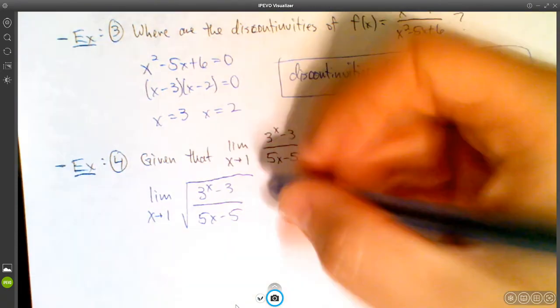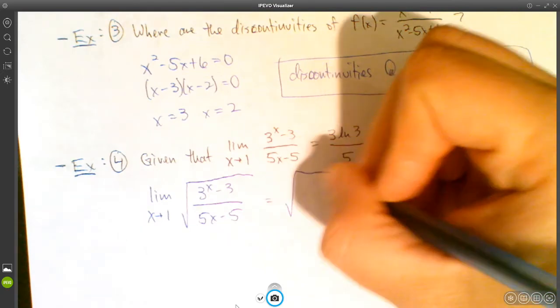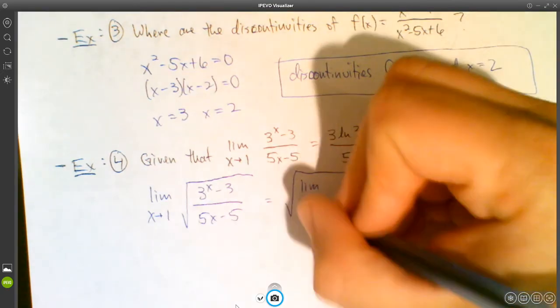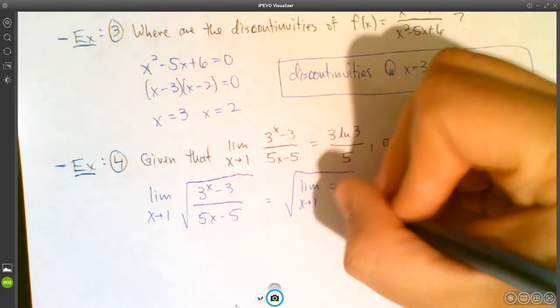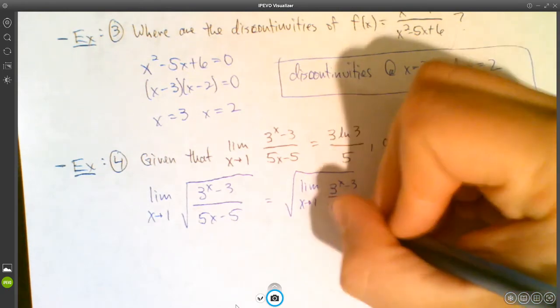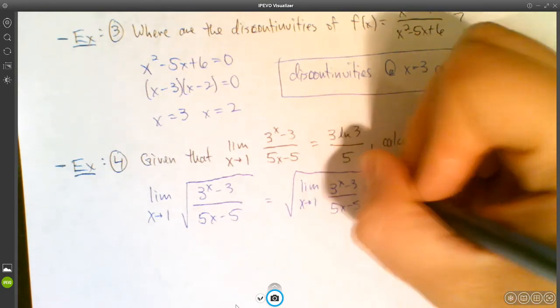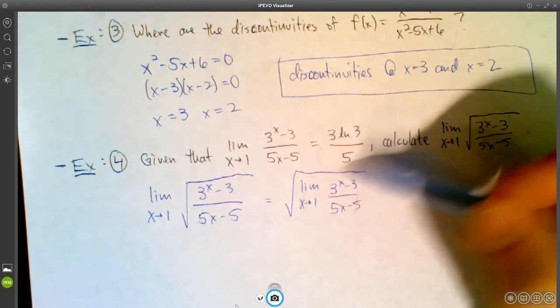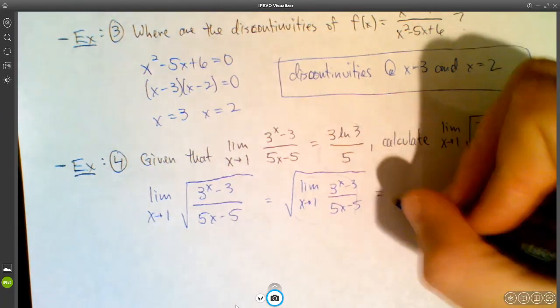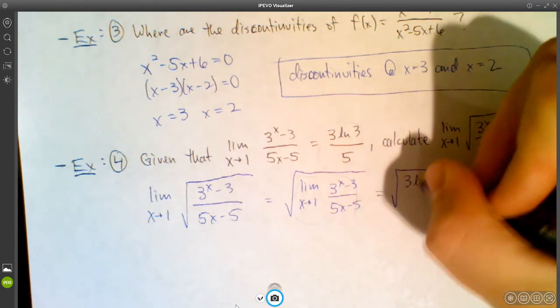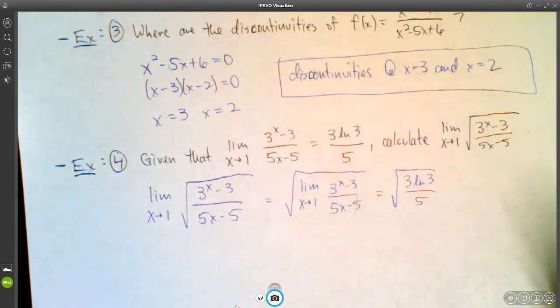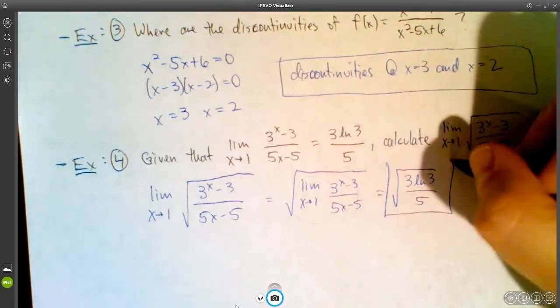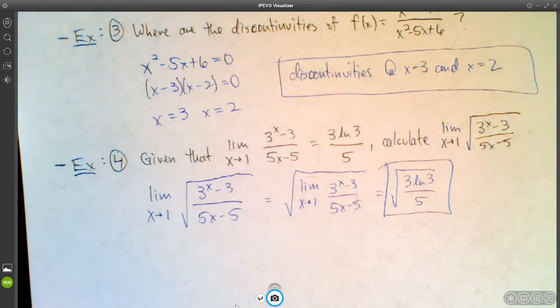So we can call this the square root of the limit as x approaches 1 of (3^x − 3)/(5x − 5). And how does that help us? Well, that helps us because we know that this thing is 3 ln 3 over 5. So this should just be the square root of 3 ln 3 over 5, whatever that is. You could pop that into your calculator to see approximately how much that is. But anyway, that's a really nice property of limits.